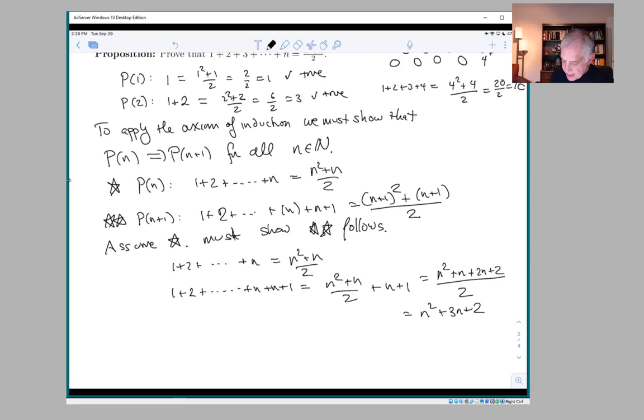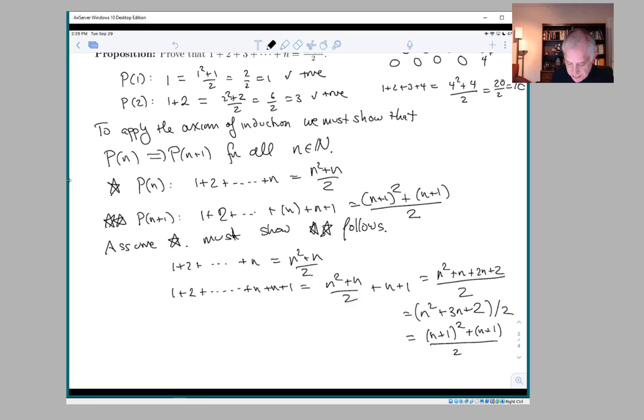And n squared plus 3n plus 2 is actually equal to n plus 1 squared plus n plus 1, because this is n squared plus 2n plus 1 plus n plus 1, which is n squared plus 3n plus 2.